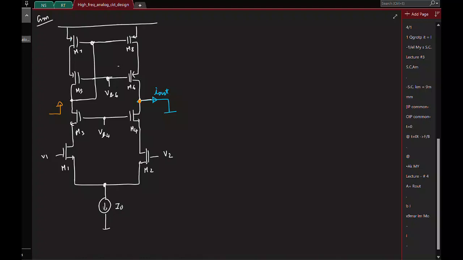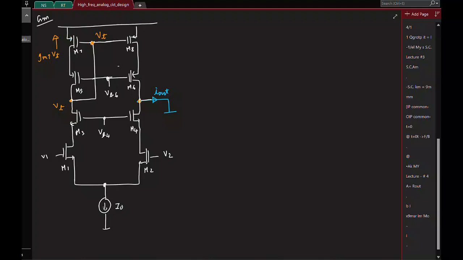Let's say I apply a test voltage Vt. It is applied to the gate of M7 also. So what is the incremental current flowing here? GM of which transistor? M7. So this is going to be GM7 times Vt.